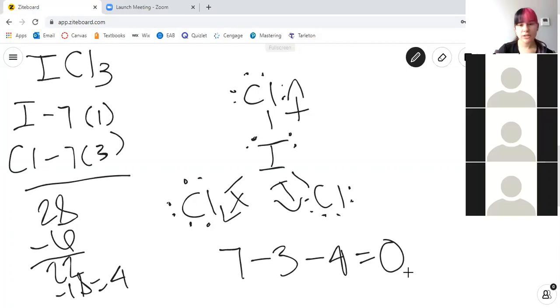Okay, how many regions of electron density does this have? 5. 3 from bonds and 2 from lone electron pairs. So we have 5 regions of electron density. What is our electron domain geometry? Trigonal bipyramidal.